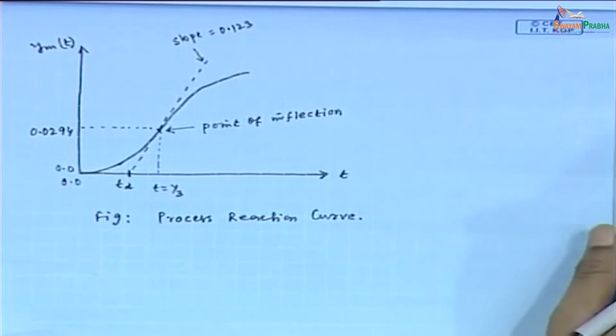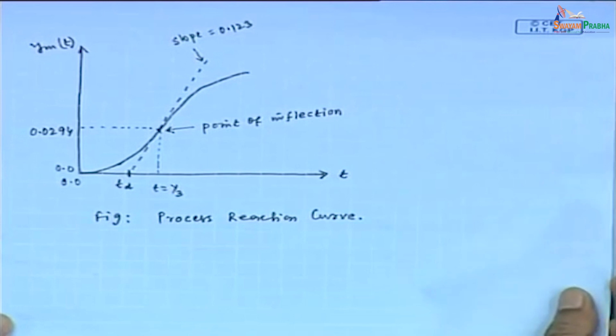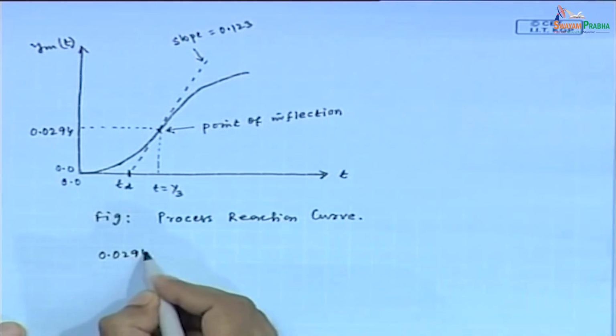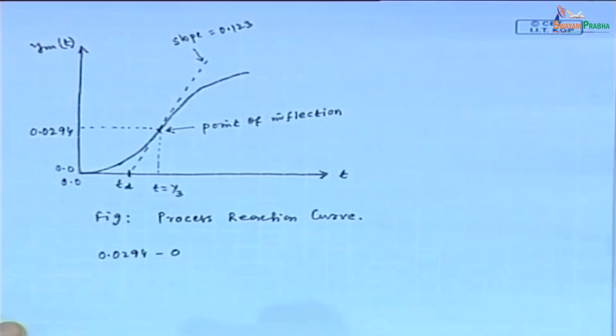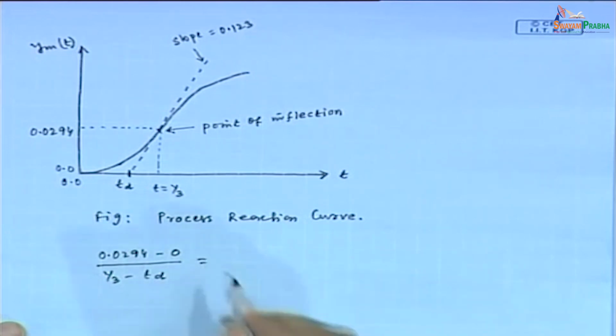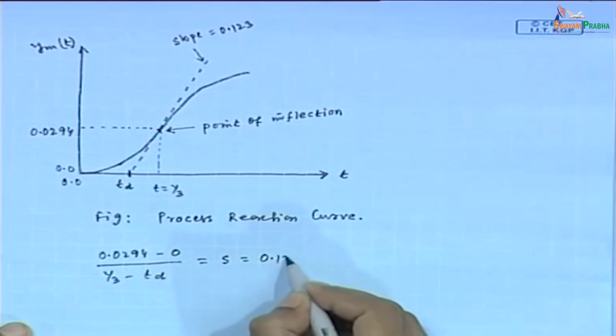Fine. Now, it is obvious from this plot that 0.0294 minus 0 divided by 1/3 minus Td equals what? Slope. It is obvious from this figure that this equals slope. Now, slope is how much? 0.123.